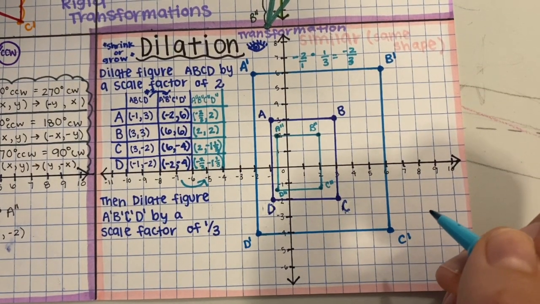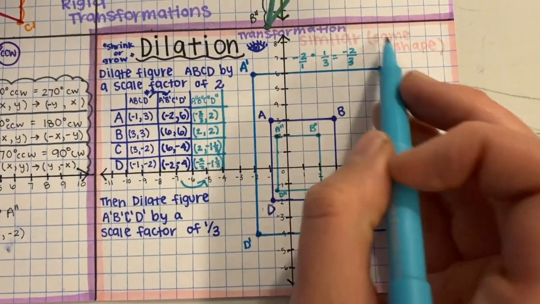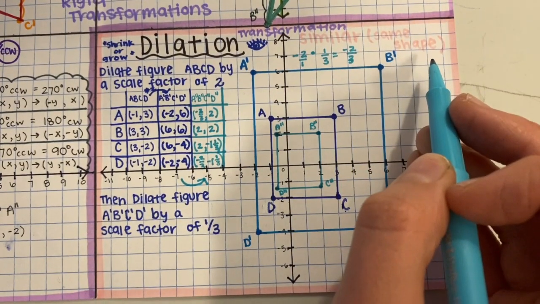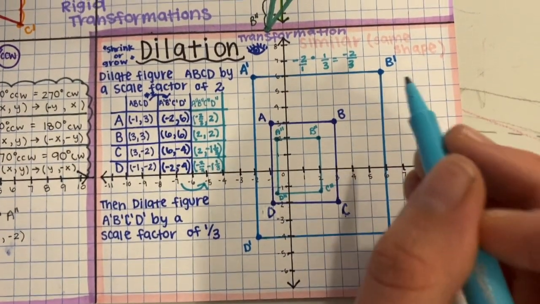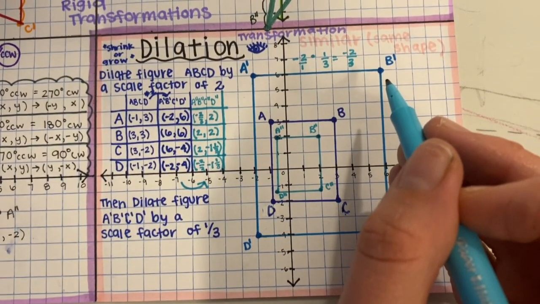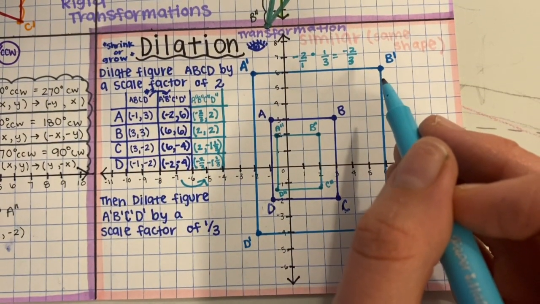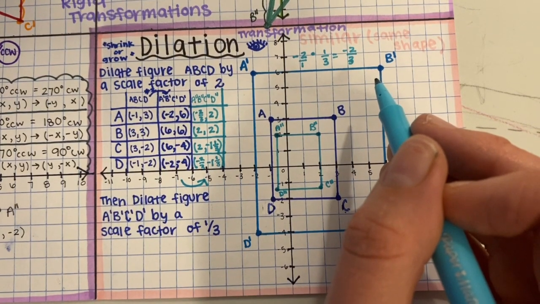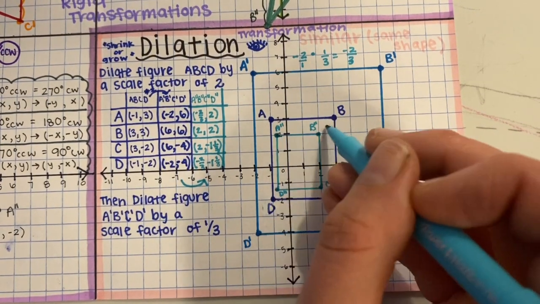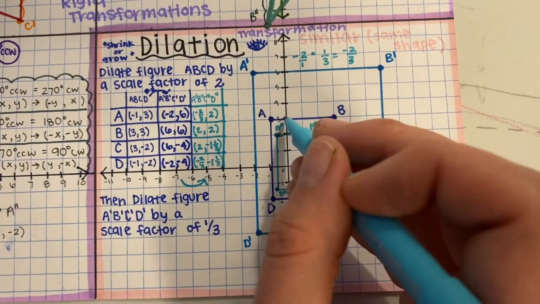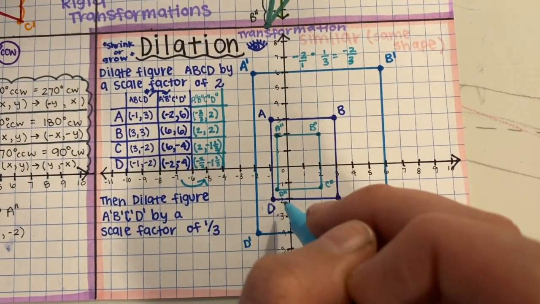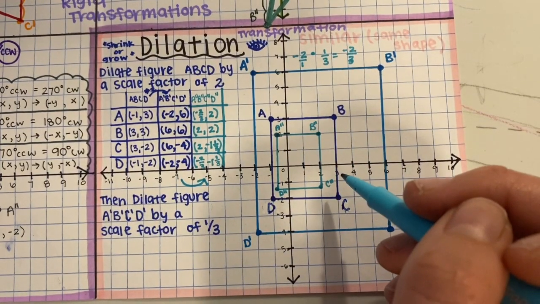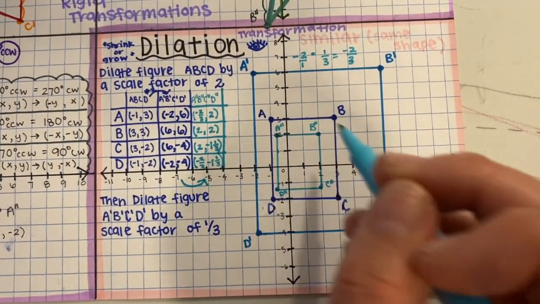So a dilation creates a similar image because it's the same shape. Everything in proportion to each other is going to remain the same, but the size itself can change. So your angles are going to stay the same. My ratio of my side lengths to each other are going to stay the same. What's changing is the actual size.